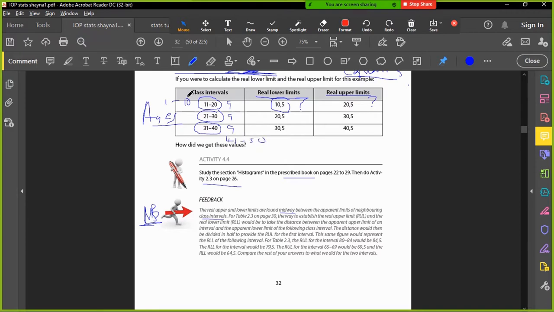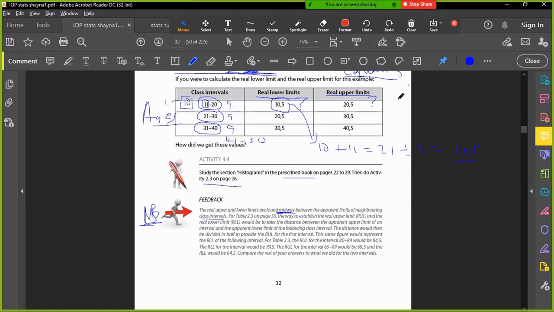So that means the 10 and the 11 would be the limits, the upper and lower limits, and the midway point would be 10.5, because 10 plus 11 is 21, divided by 2 is 10.5. Right. So that's how you get the limits.